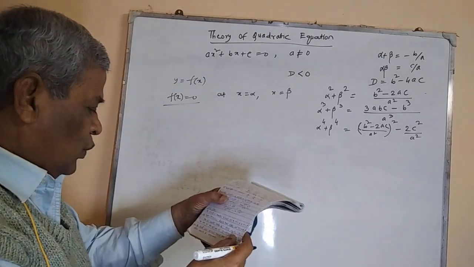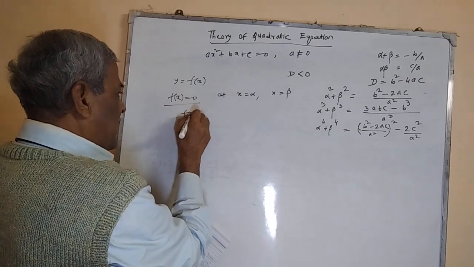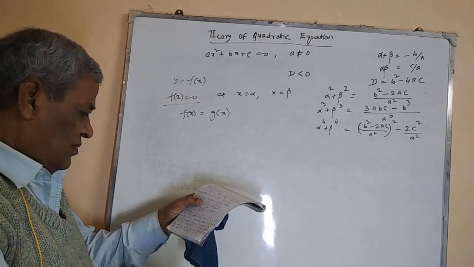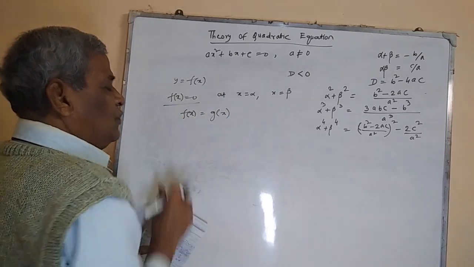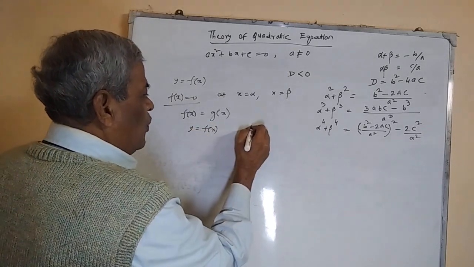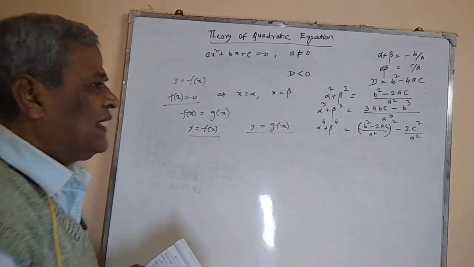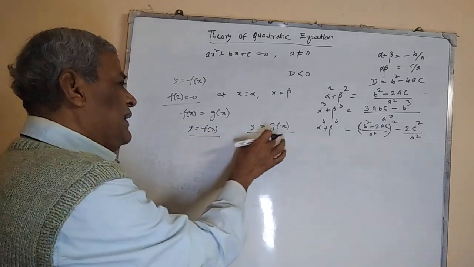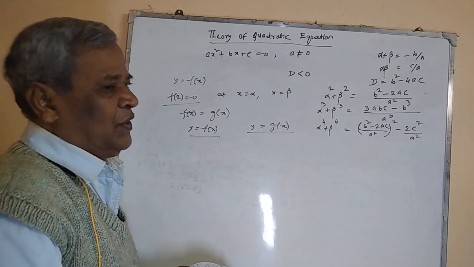Number 2, the number of real roots of f(x) = g(x) is the number of points where the curves y = f(x) and y = g(x) meet. If they meet at 2 points, then they have 2 real roots. If they meet at 3 points, then this equation has 3 roots, and so on.